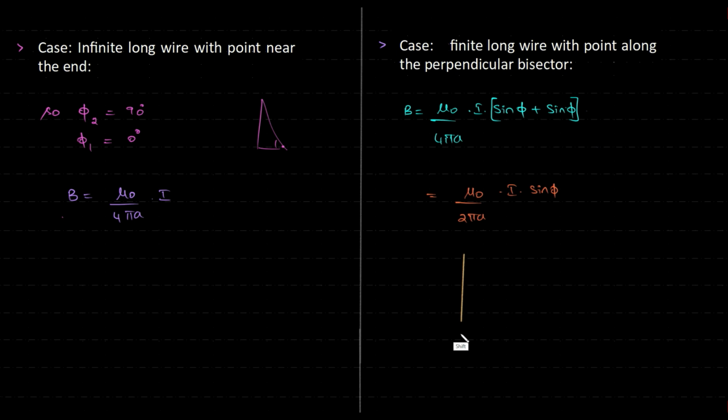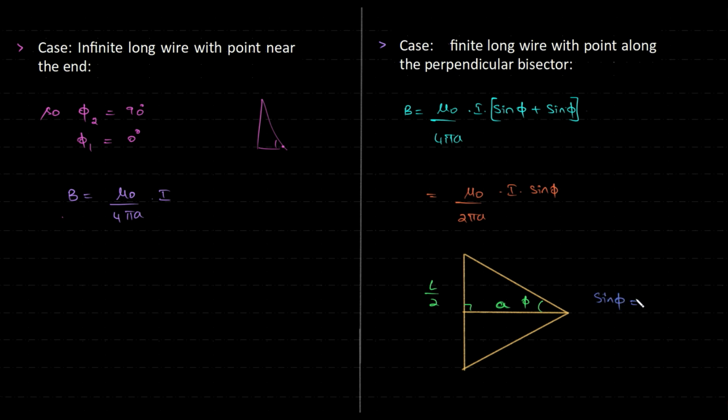So we have a finite length L. And this is the scenario. So this is a, this entire length is say L, so this is L by 2. That's your phi. And so we need sine phi from the diagram.